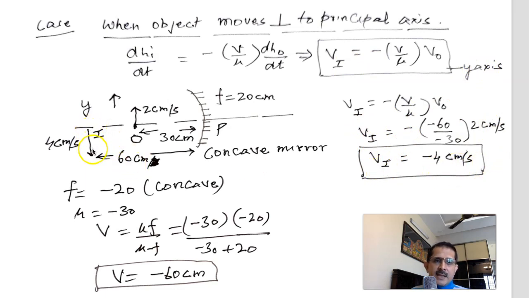Because it is minus, the image is moving downwards with a speed of 4 centimeter per second, at the point where V is equal to minus 60. The distance from here to here is minus 60, and the image is moving in this direction at a speed of 4 centimeter per second, and that's why it's minus 4, because it is downwards.